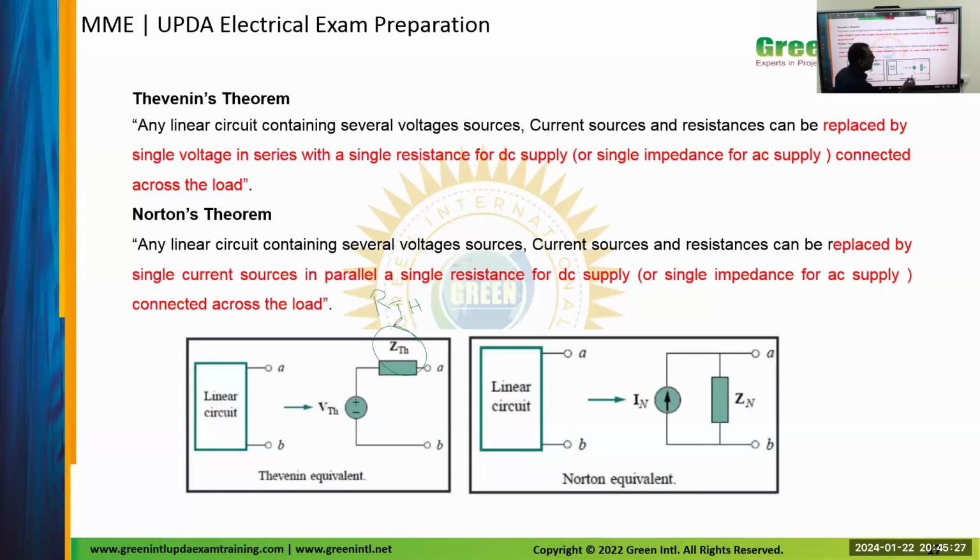On the other hand, we have RN, Norton resistance, or ZN, we call Norton impedance. So simply we say RTH, RN.